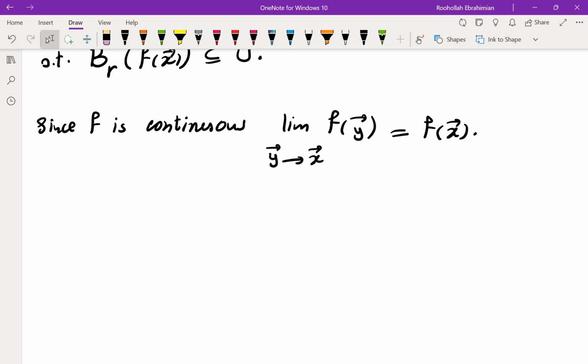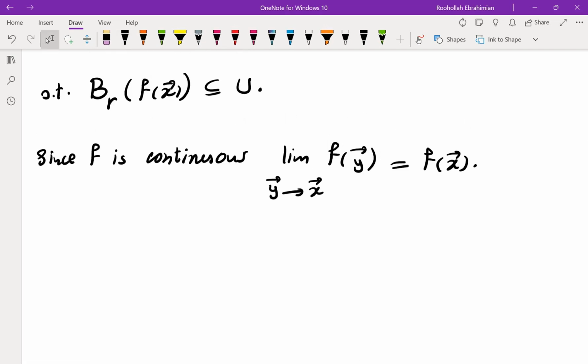Now let's write down the definition of continuity. That means there is some delta. Here I'm using epsilon equals r in the definition.